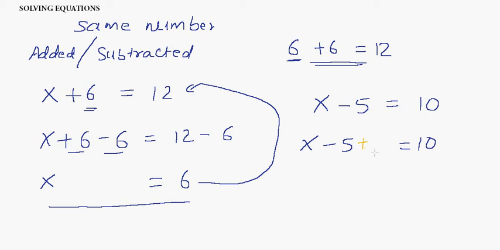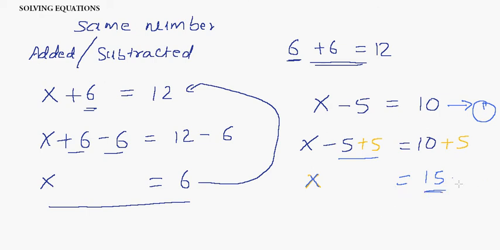We're adding 5 on either side of the equation. This cancels out, 5 and negative 5, and this becomes 15. Therefore, the solution of this equation is x equals 15.